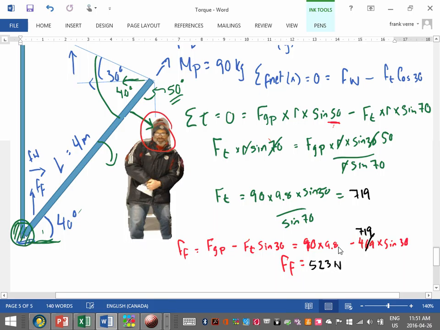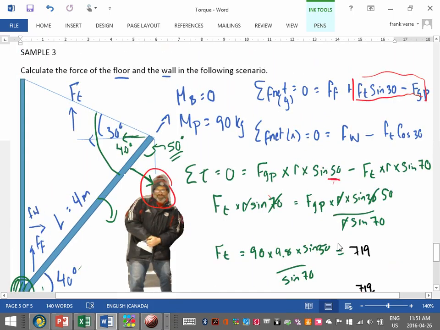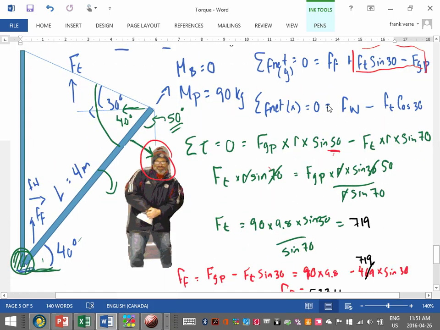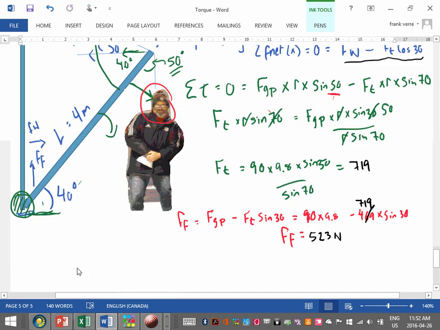And then the last one is the force of the wall. You can see here, the force of the wall is equivalent to the tension times cosine 30, right? You can see it right here. So the force of the wall is equal to the tension times cosine 30.